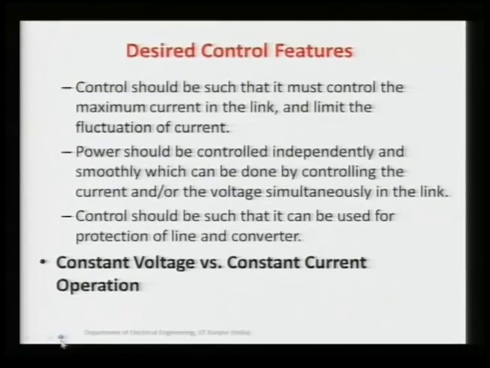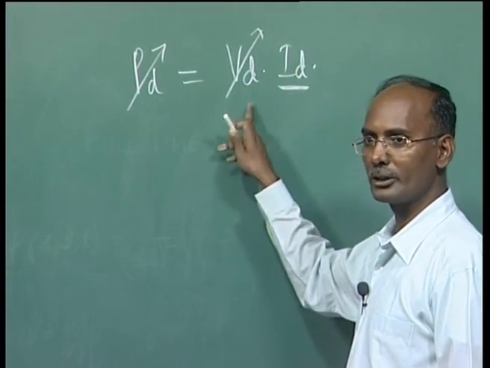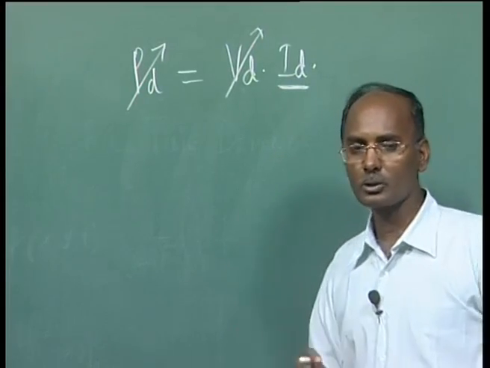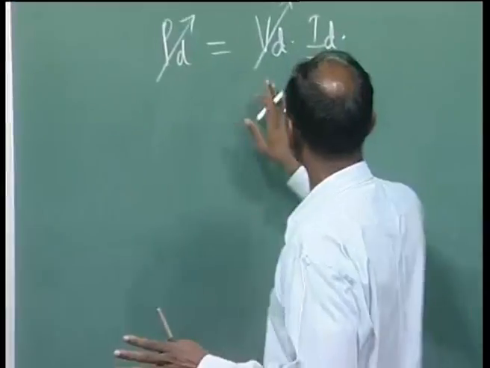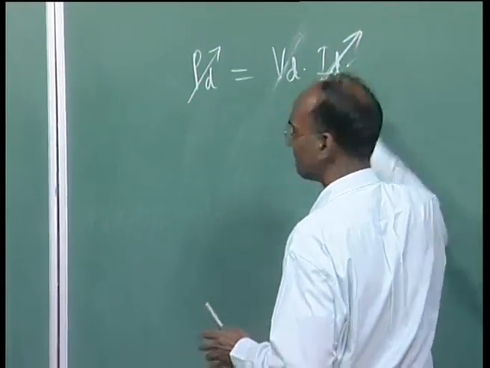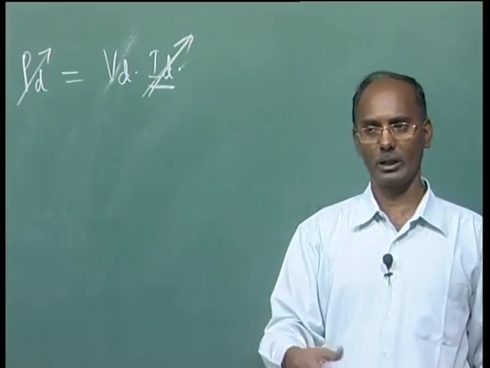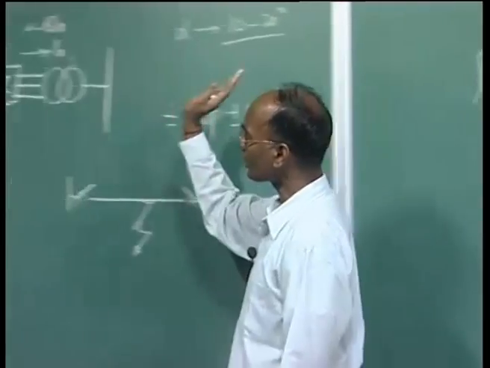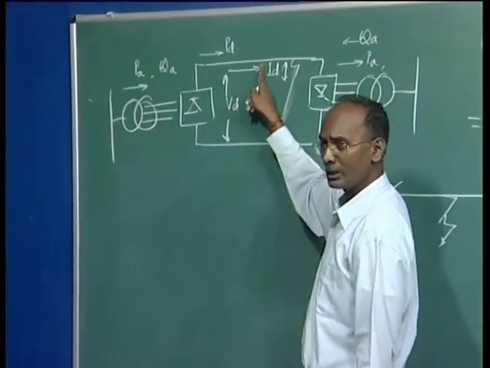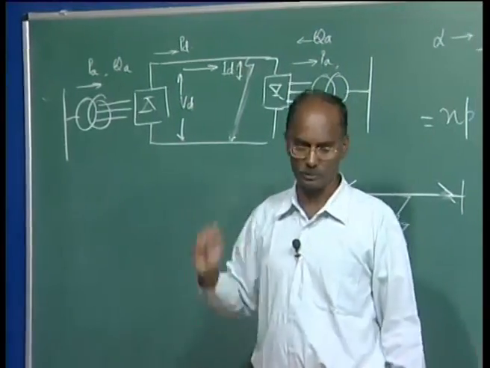Now, as I said, we are operating in constant current mode and changing the voltage. There are two options. We can operate in constant voltage mode, meaning the voltage is fixed and we change the current. It is also possible to control the power that way, and if you reverse the current direction, the power is changed, so reversal is possible.